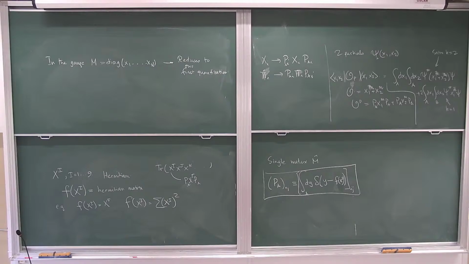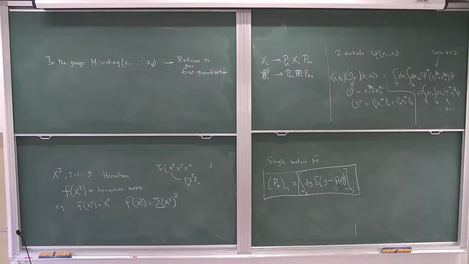So what does it mean? For the single matrix, the meaning became clear in a gauge where the matrix itself was diagonal. In that gauge, the theory just became a theory of identical particles, in this case fermions.